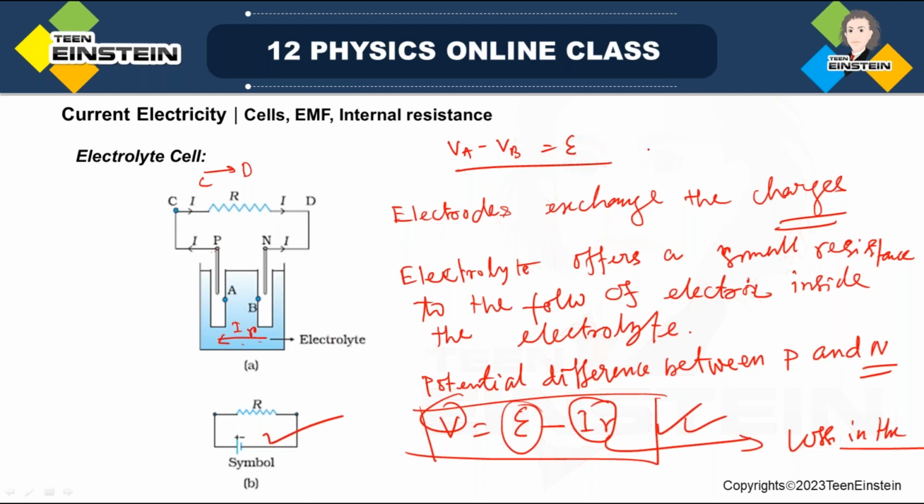So we have got the relation V is equal to E minus I r. Okay, so we'll go to the next.